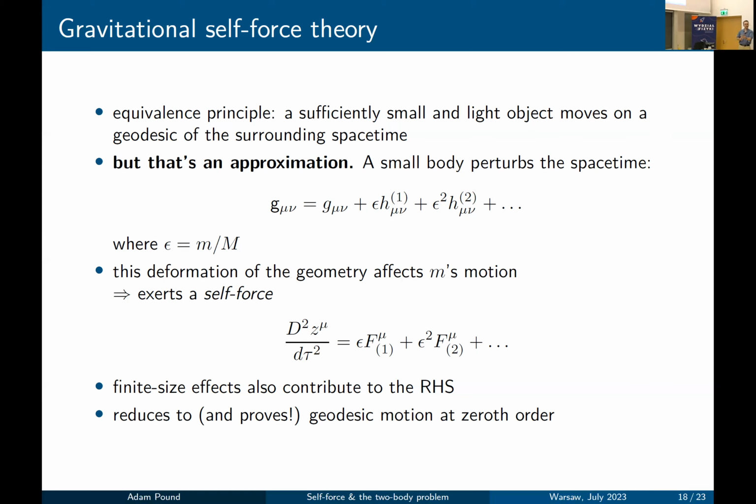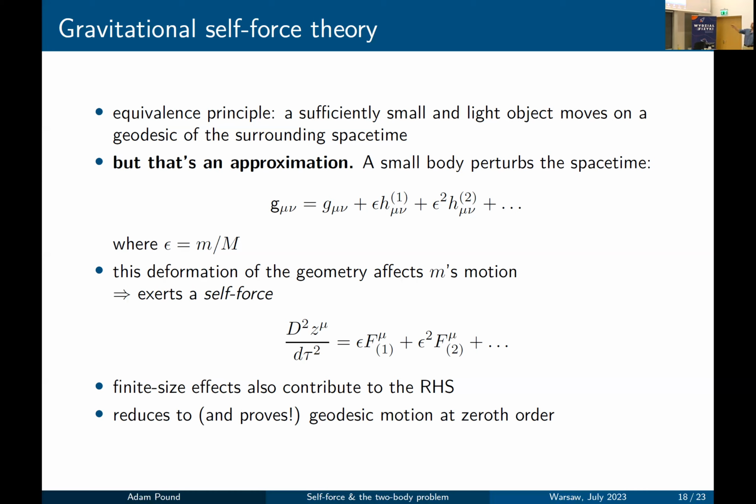But once you put a real physical body into a space-time, it's not going to be moving on a geodesic of the external space-time, because it's going to be influencing the external space-time. So if we consider a real physical body, it will perturb the space-time, and we can write some kind of expansion like this. Here, I'm writing the exact space-time on the left. I'm doing a series in the small mass ratio, so epsilon here is small mass over big mass.